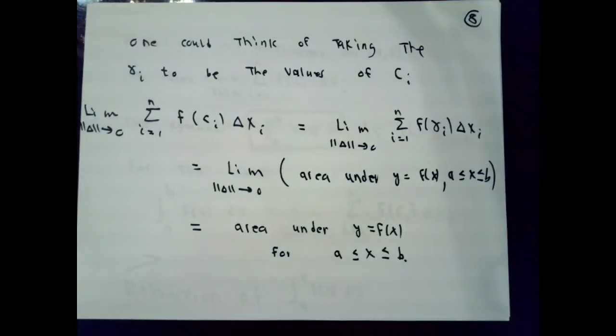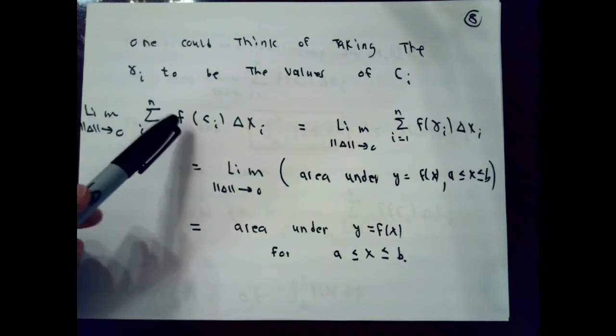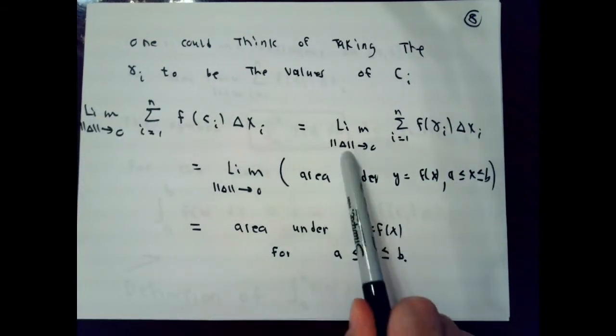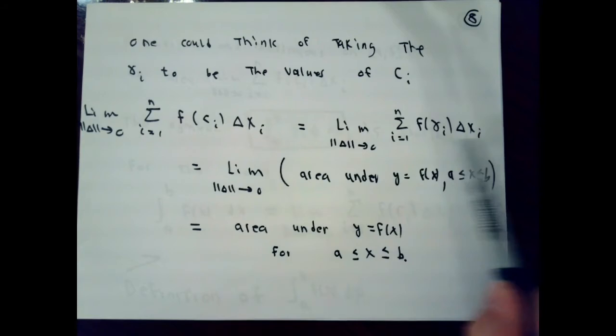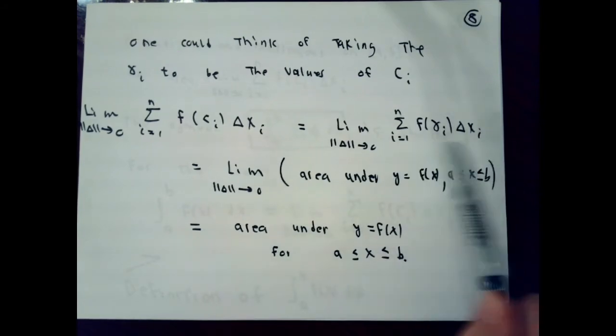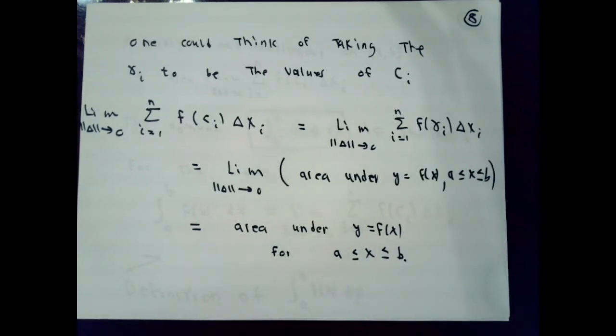If you knew what the gamma i's were, you could make the gamma i's and the ci's the same number, and then the limit of this sum would be the limit of that sum, but this sum is the area under the curve from a to b. It doesn't depend on the partition.